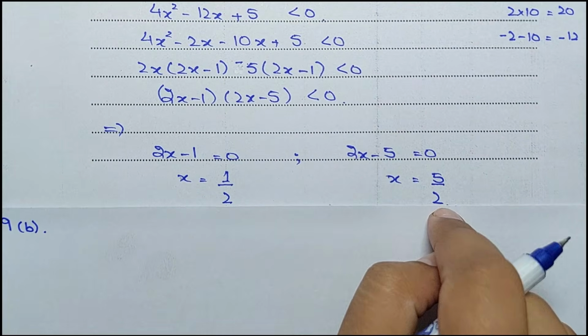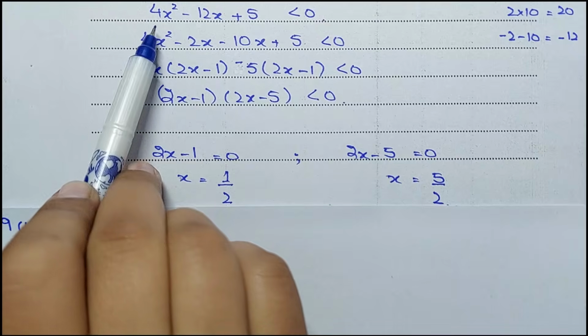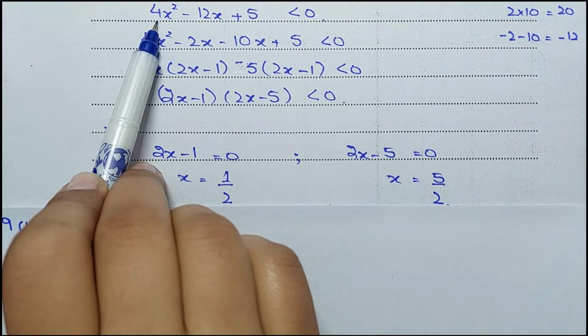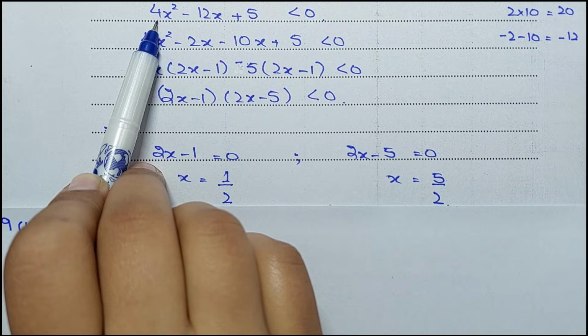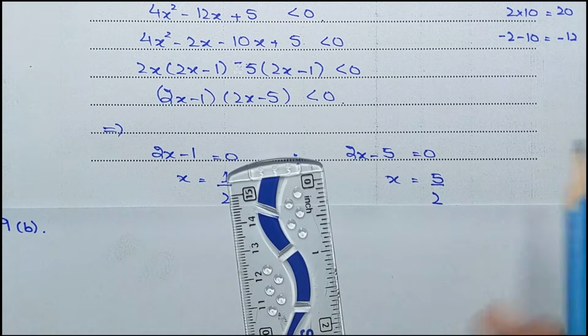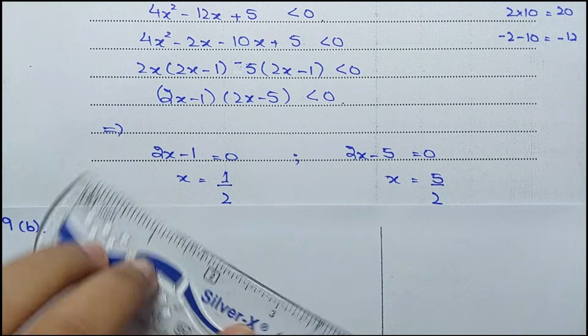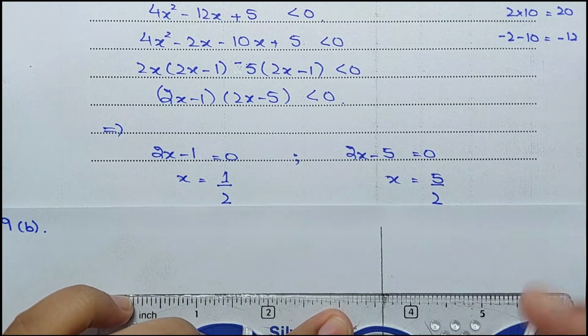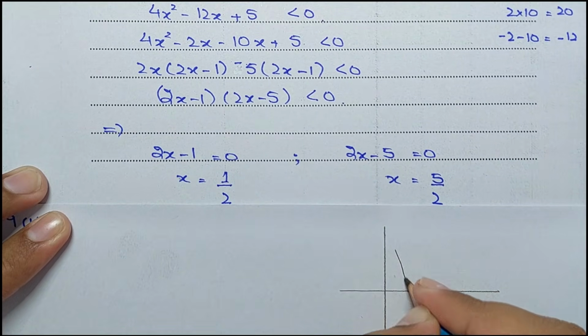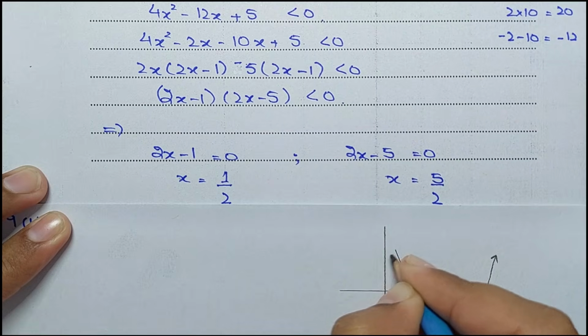Now we got the two x-intercepts, right? And if we look at this, it is a quadratic expression. Its leading coefficient is positive. It has a U-shaped graph or a parabola, and its opening is upward. Okay, so let me draw this parabola. The opening of that parabola should be upward. So if I can do this, okay, this is how the parabola looks like, right?